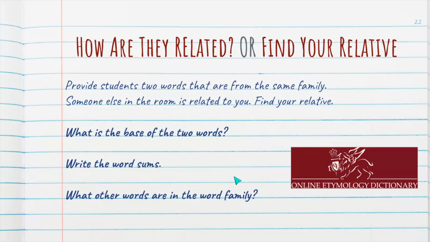Of course, students might need access to the online etymology dictionary. When I did this with a group of teachers a few weeks ago, once most people had found their family members and there were a few who hadn't quite got there yet, I'd say, oh, you need to go talk to that person. I think that's your relative, just to nudge them in the right direction.